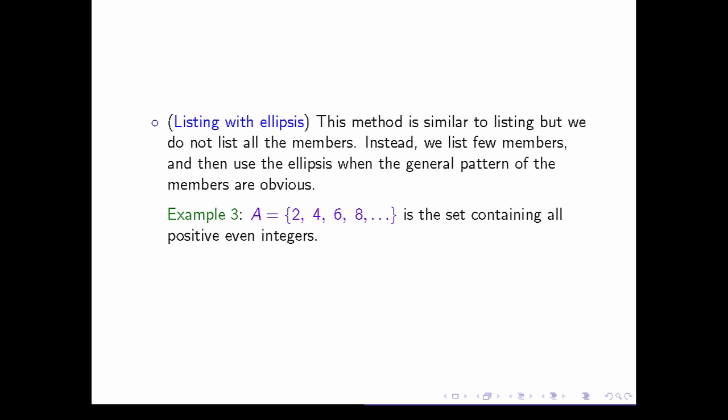The reason is that, with the first 4 members, 2, 4, 6, 8, it is quite clear that A is a set containing all positive even integers, which means that the member after 8 is 10, and after 10 will be 12, and then 14 and 16 and so on. So we don't need to list all of them.